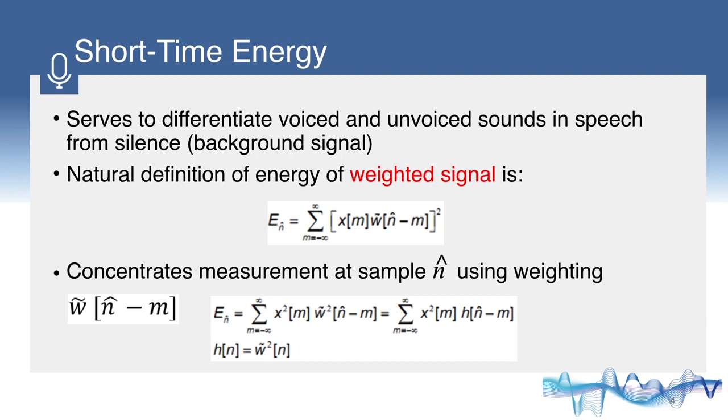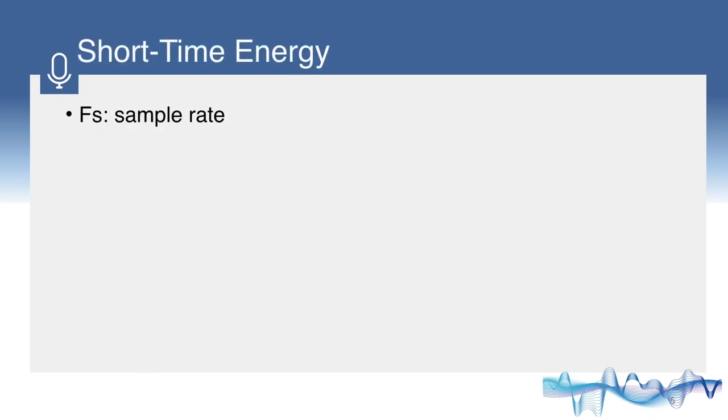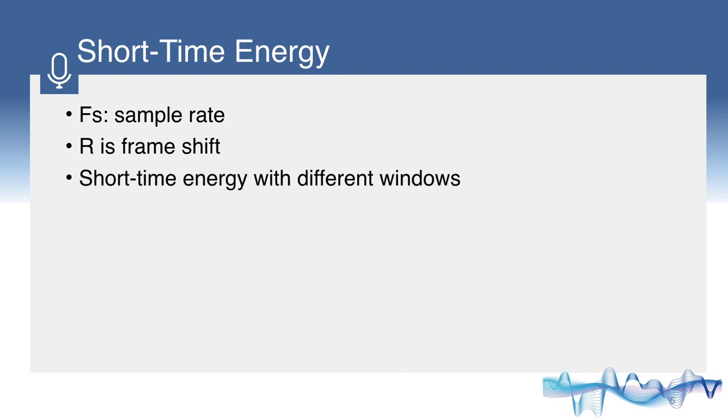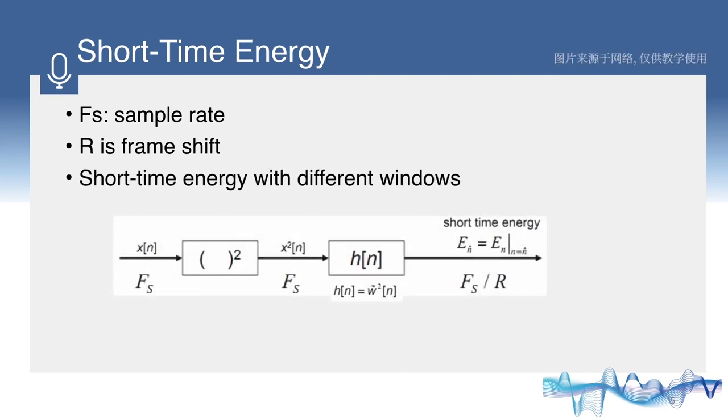Another form is the sum of squares of the weighted input signal with function h(n). If the input signal is sampled at rate fs and R is the frame shift, the short-time energy with different windows can output a series of parameters E(n) with rate fs divided by R.